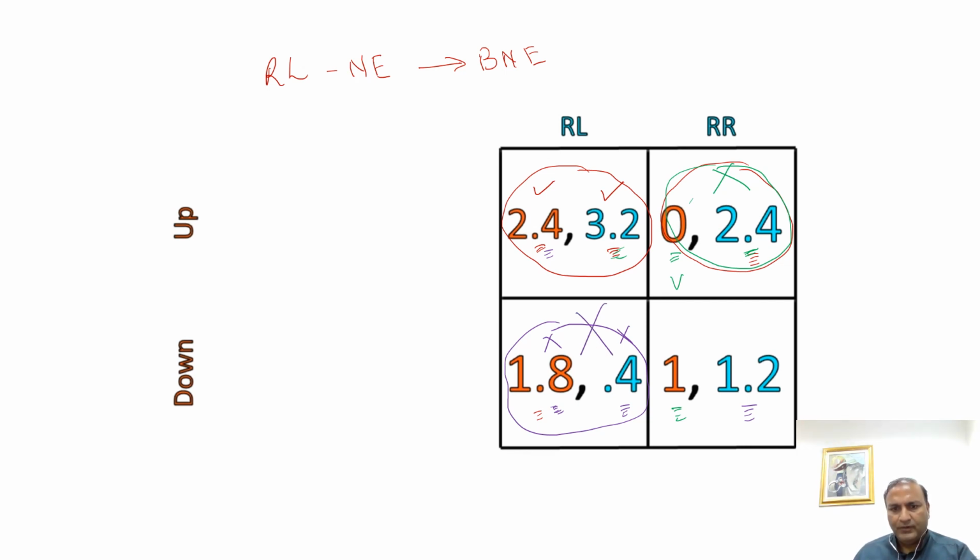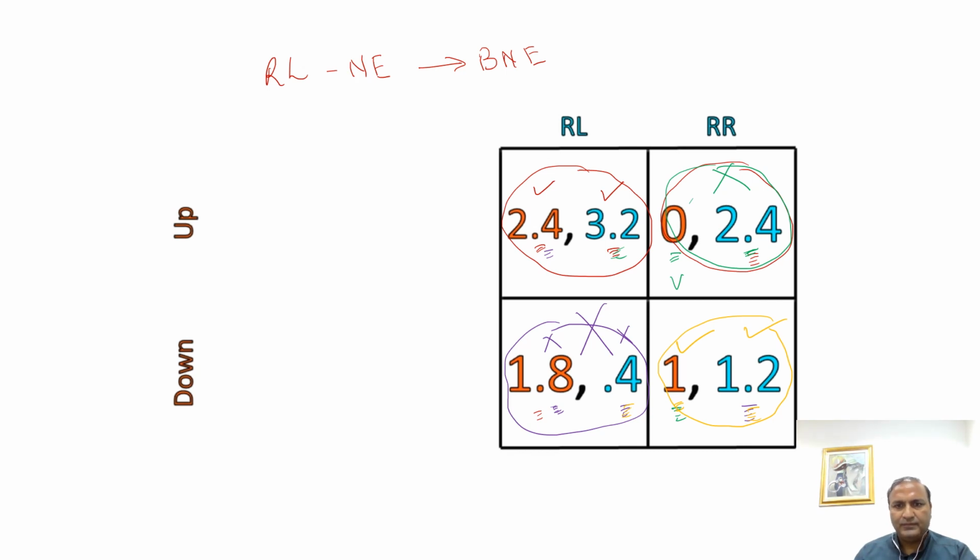And finally, we look at this one. For player number 1, he is getting 1 here. If he moves, he gets 0. So there is no incentive. So this is fine for player number 1. For player number 2, he is getting 1.2 and here it is 0.4. So it is also fine for player number 2.